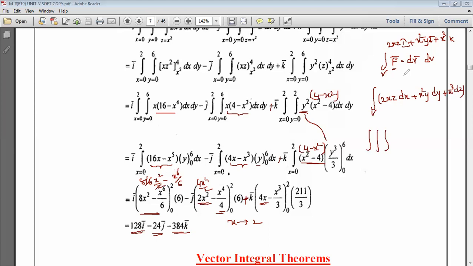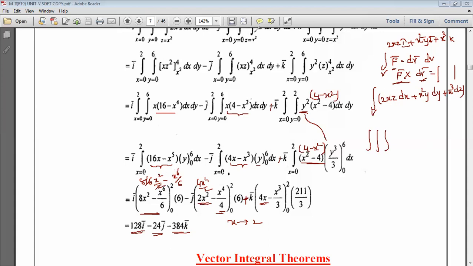It may be a scalar product, or in some cases they may ask to calculate f bar cross dr bar. It means you need to apply the cross product, that is the determinant, and whatever you get after applying the determinant, you need to apply integration to it. So this is one volume integral sum.